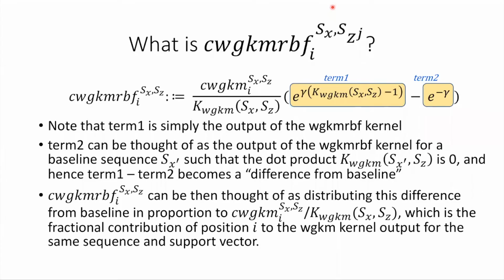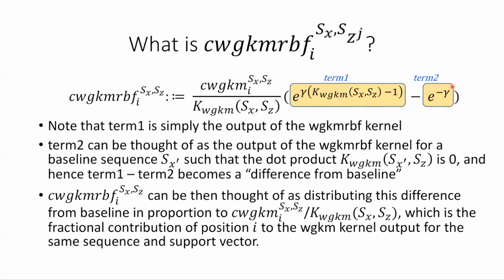And here is the formula for CWGKM RBF_I(SX, SZ). Notice that all the quantities on the right-hand side are all previously explained quantities for the WGKM kernel. The quantity labeled term 1 is simply the WGKM RBF kernel output, or WGKM RBF similarity score for sequence SX with support vector SZ.